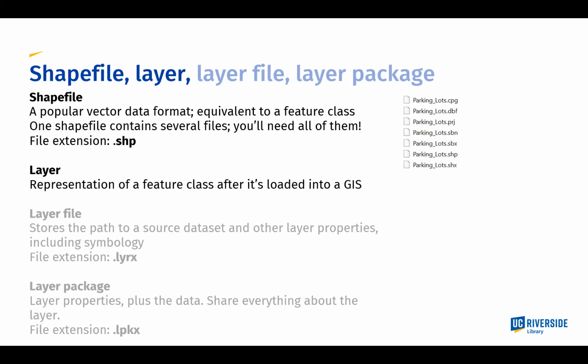Now, shapefiles and layers. A shapefile is what you're going to see if somebody is sharing a feature class with you, basically. It's a very popular vector data format, and it translates into a feature class once you've loaded it into a GIS. And one tricky thing about shapefiles is that they're probably going to come to you as a zip file.